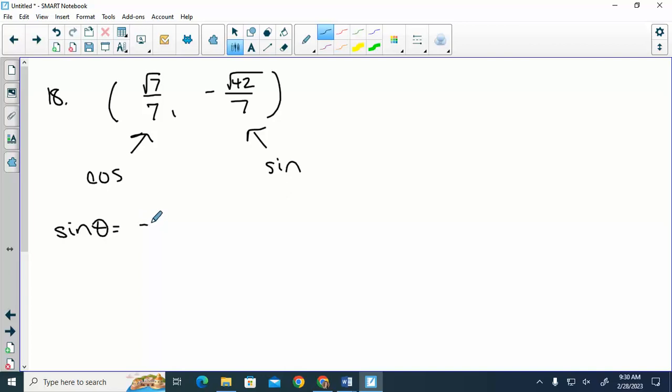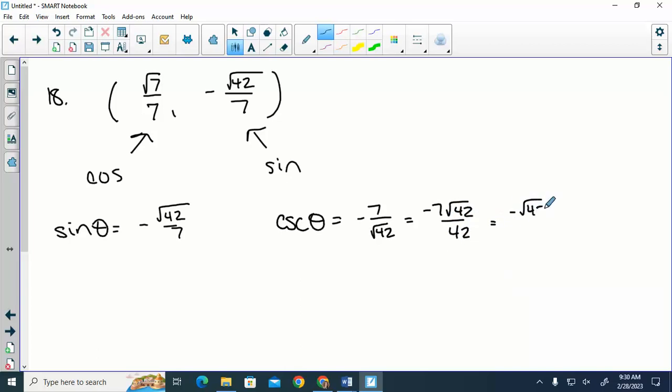So sine is negative radical 42 over 7. Let's do the reciprocal. Reciprocal of sine is cosecant. So if I flip that, get the radical off the bottom, we get negative radical 42 over 6.